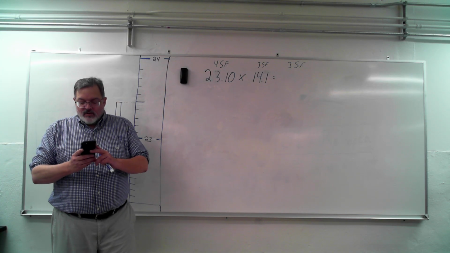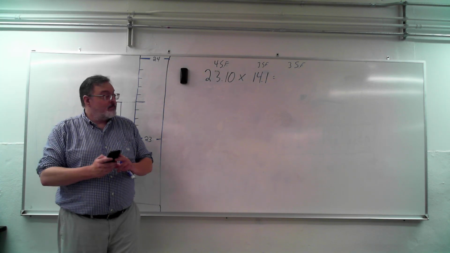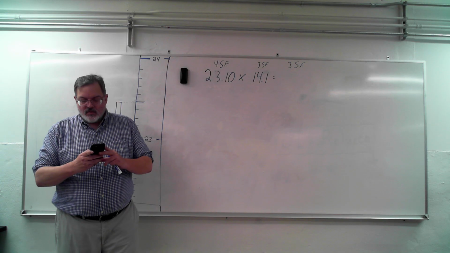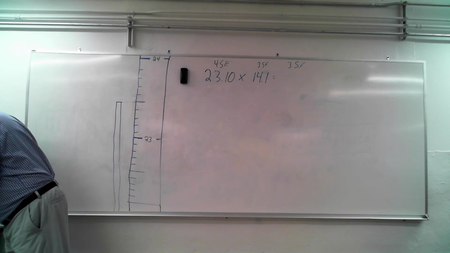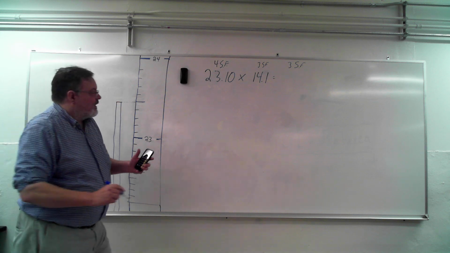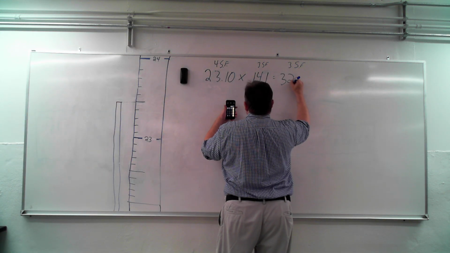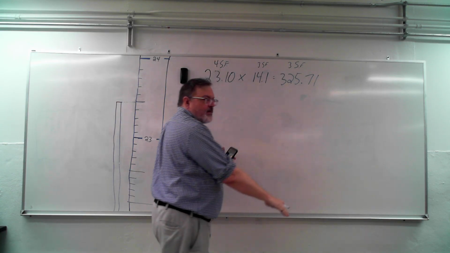I'm going to put 23.10 times 14.1 equals. This is what my calculator says: 325.71. I just wrote down everything my calculator did.